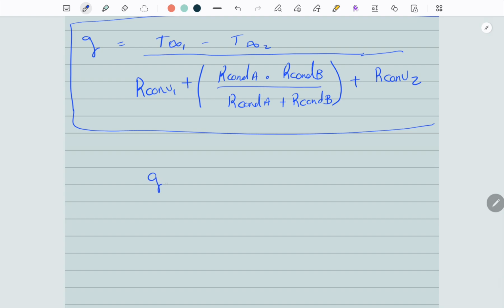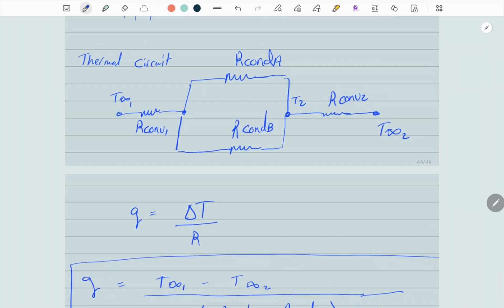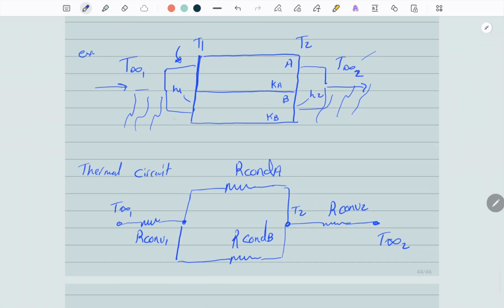QA and QB won't be that different. They will be the same as we solved before, which is QA equals Q times R conduction B divided by R conduction A plus R conduction B. The reason it hasn't changed is because QA and QB are in parallel.